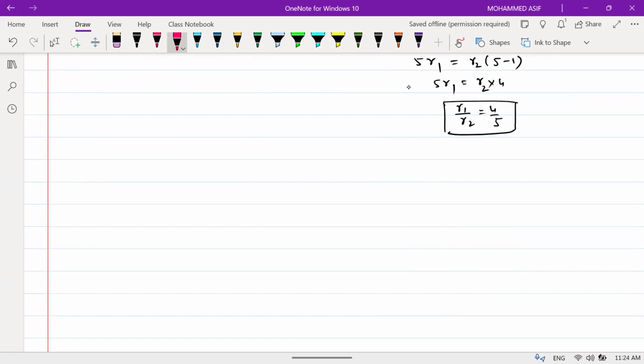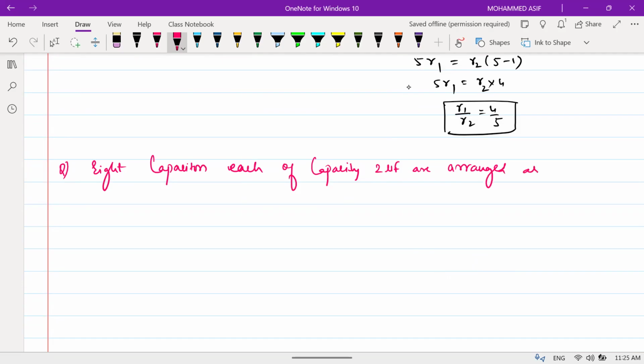One more question. See this one. 8 capacitors, each of capacity 2 microfarad, are arranged as shown in the figure.